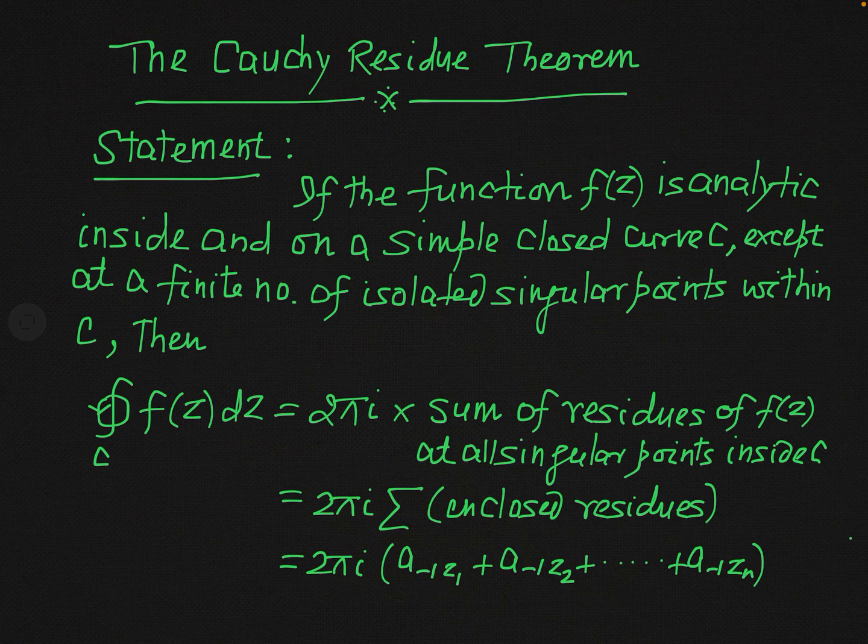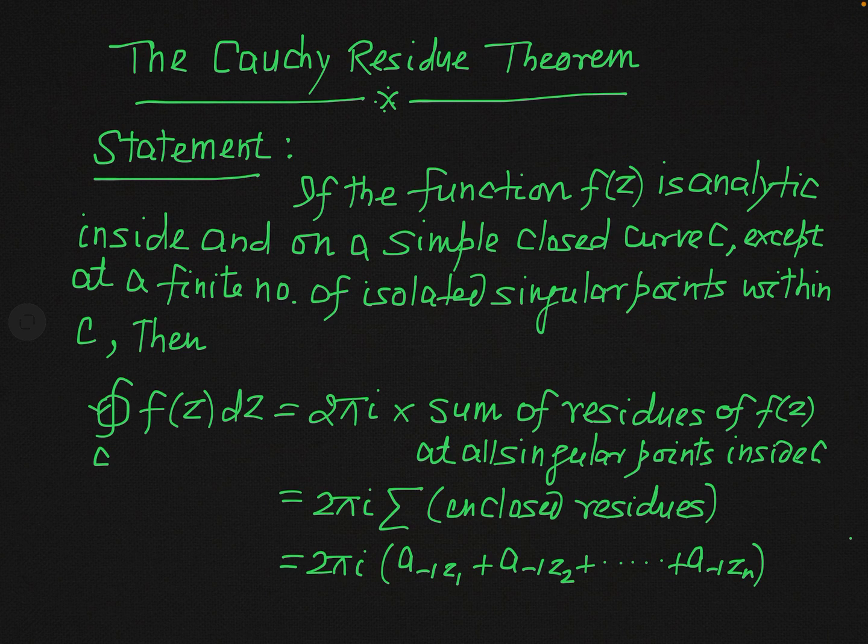When you say enclosed residues, it means the sum of residues of f of z at all singular points inside C. And let us consider there are n isolated singular points inside the closed curve C. Those points are, let us say, z equal to z1, z equal to z2, and so on, z equal to zn. And the residue at z equal to z1 we have denoted here by a minus 1 z1.